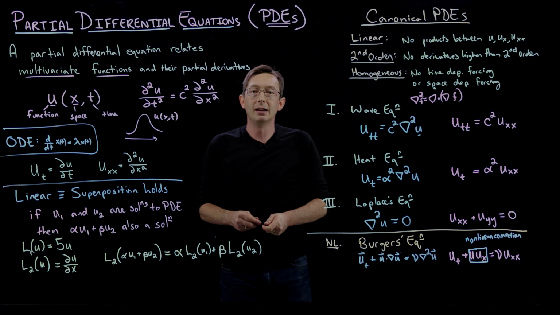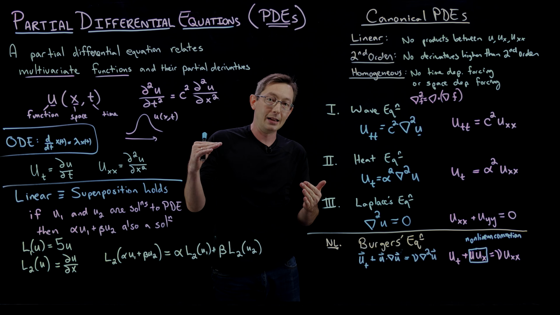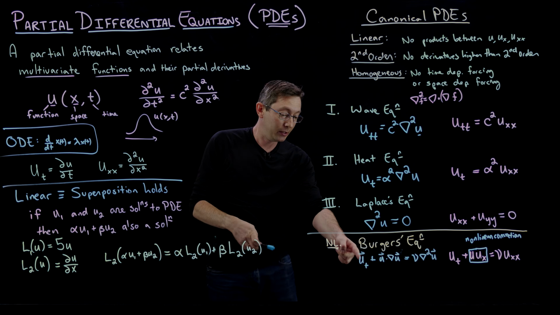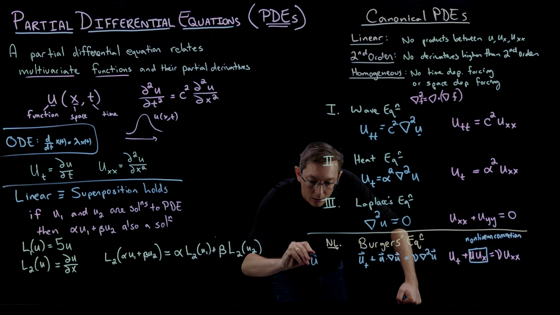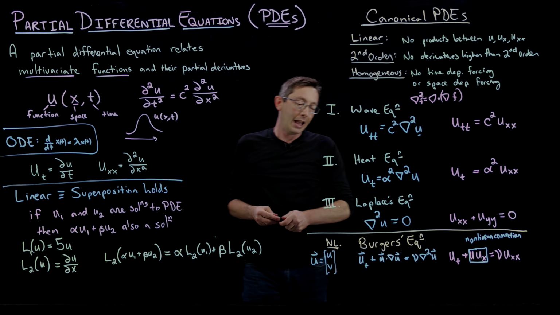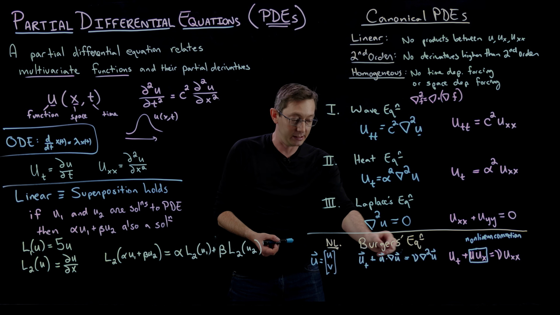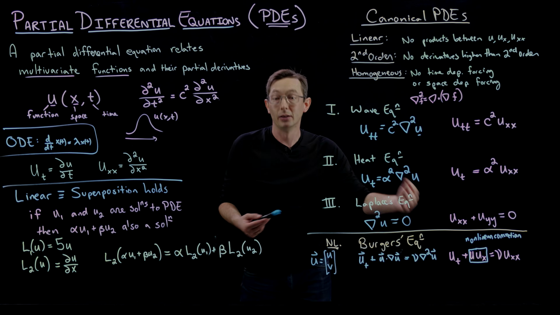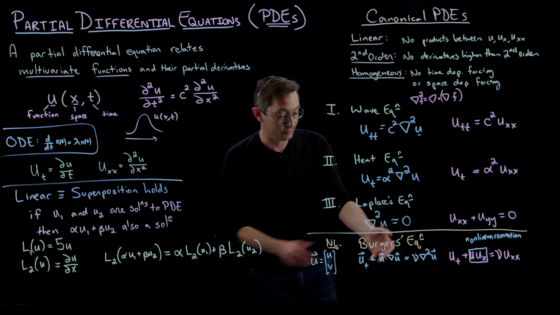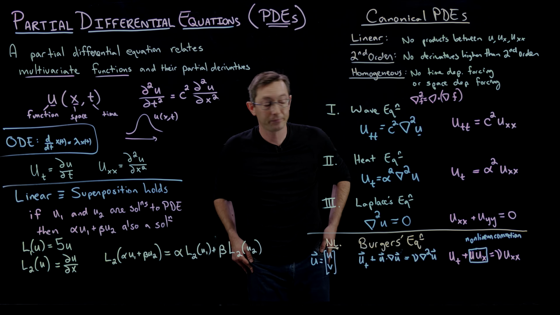So now u could be the velocity in the x and the y component. So this u could be u in the x direction and v in the y direction, and it's a function of x and y and t. So now I have to use these gradient and Laplacian operators to account for those partial derivatives.